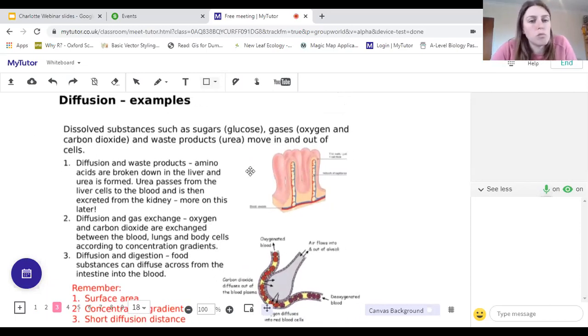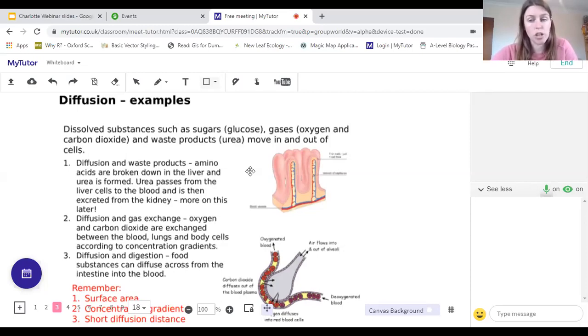Dissolved substances like sugars. Glucose is a classic example of sugar, and we talked about that with respect to respiration yesterday and photosynthesis. Glucose is a food molecule that runs around both plants and animal organisms and is used for growth, for movement, for all of those things.